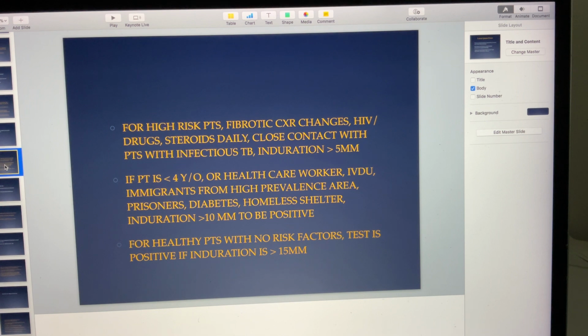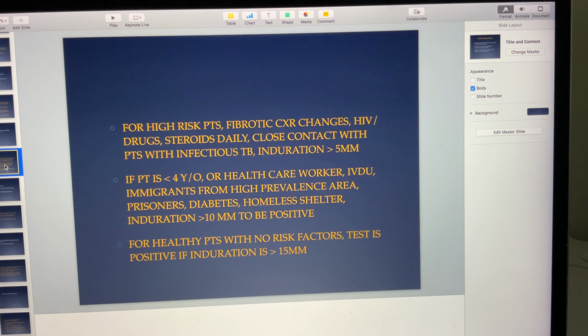The next group are patients who, and I had to learn this recently, are less than 4 years old, or healthcare workers, or IV drug users, or immigrants from high prevalence areas, or prisoners, or people with diabetes, or people who are homeless.